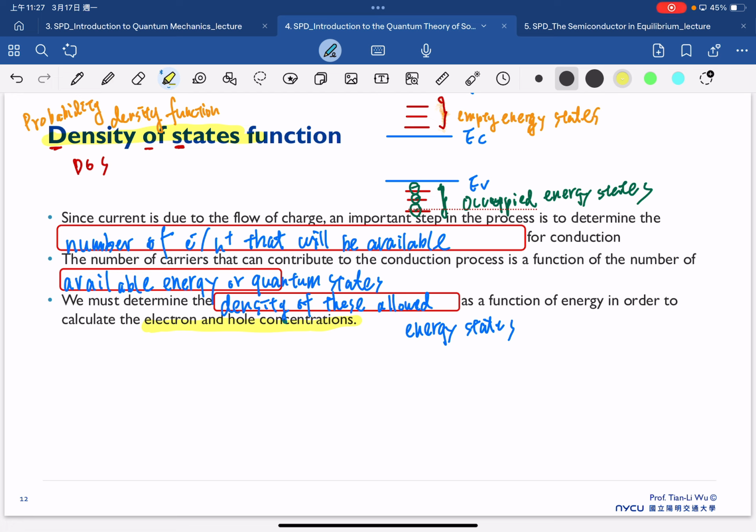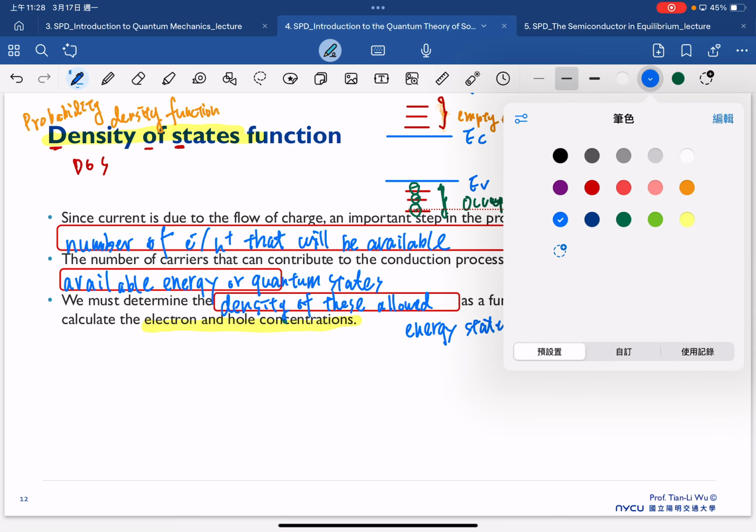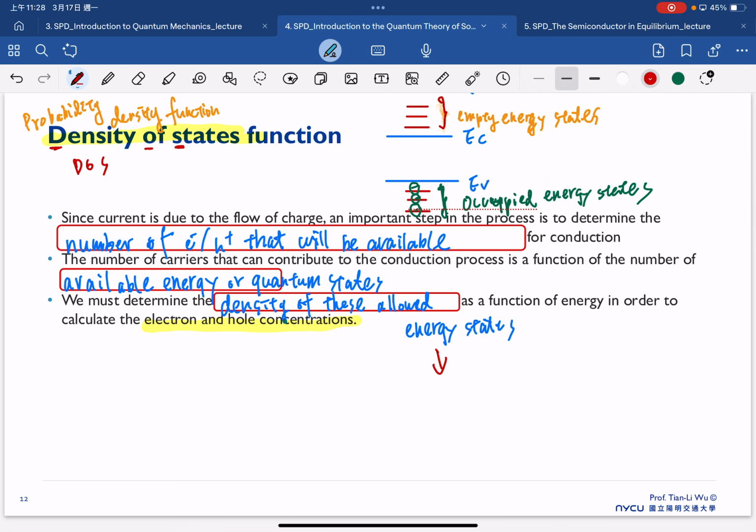But before we calculate, first we need to understand the density of these allowed energy states as a function of energy. This is the density of allowed energy states. We need to understand how many allowed energy states are in here. So that's why this density of allowed energy states becomes the density of states. In short, this is what we call the density of states.